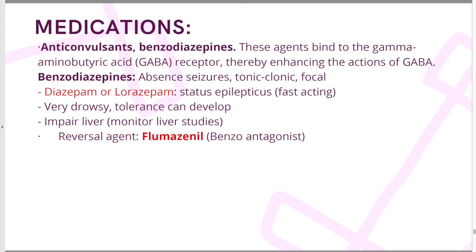The patient may be very drowsy, tolerance can develop, and there could be impairment of the liver, so we need to monitor the liver studies. The reversal agent, or the benzodiazepine antagonist, is flumazenil.